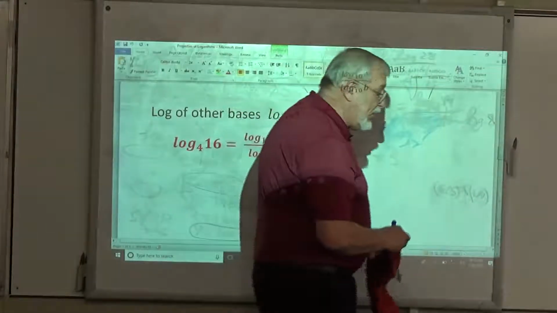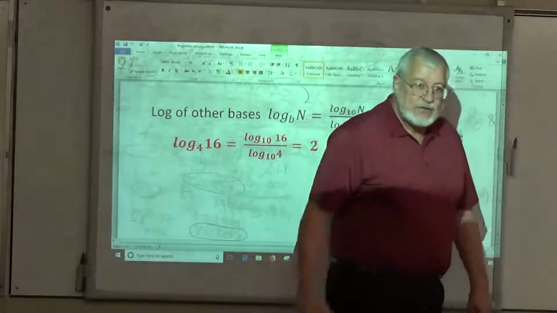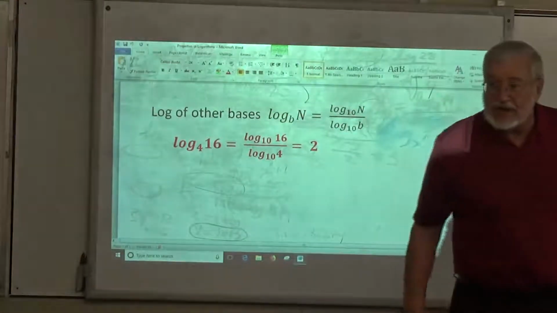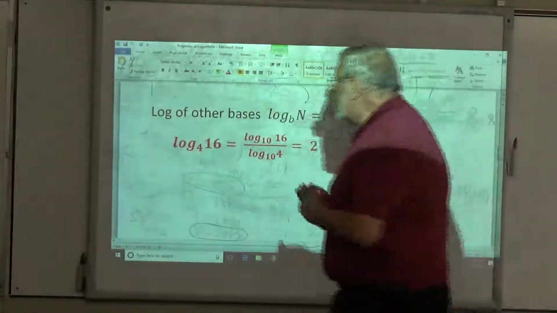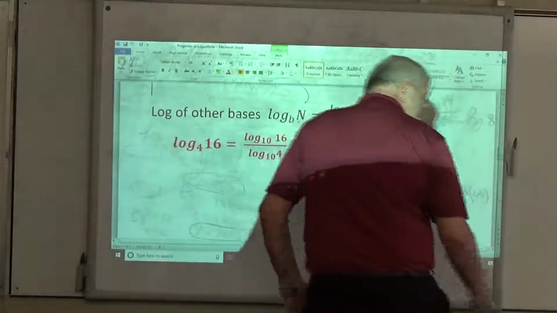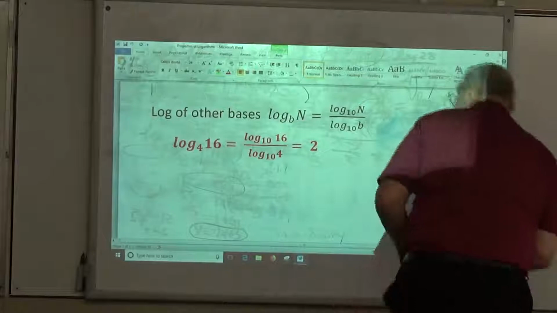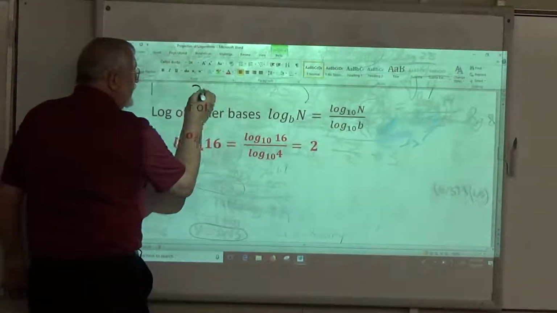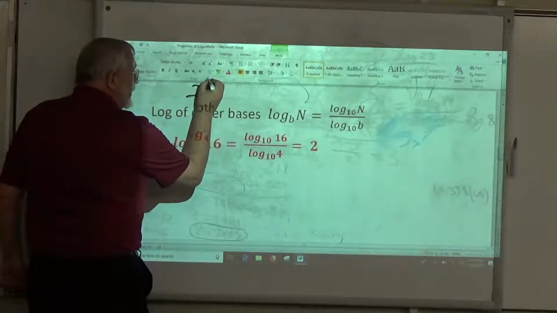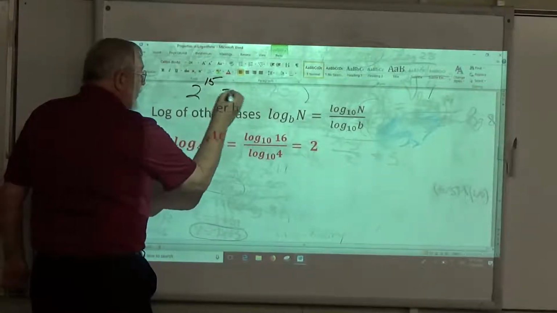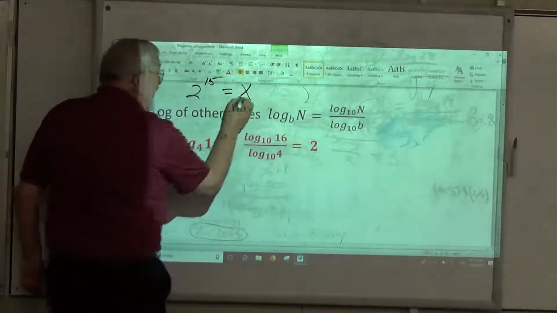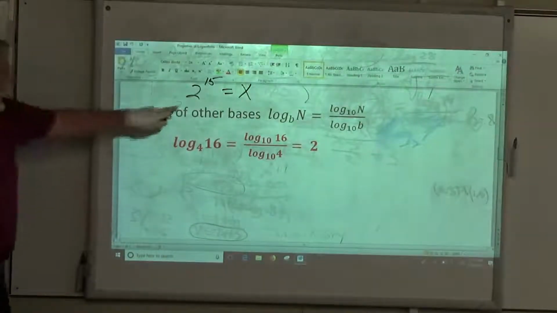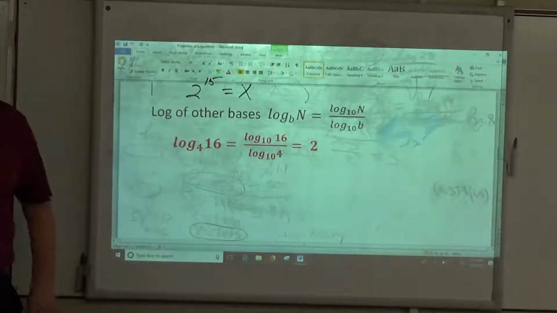Now, the interesting part is if it's an equation. Let's say that you have 2 to the 15th power equals x. All right, how do I get rid of that 2?